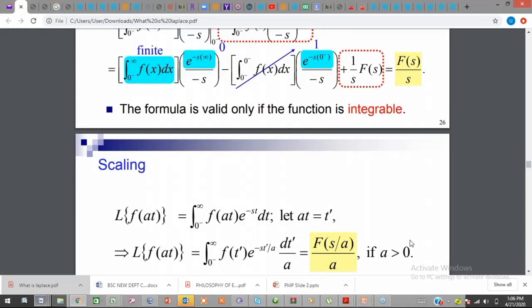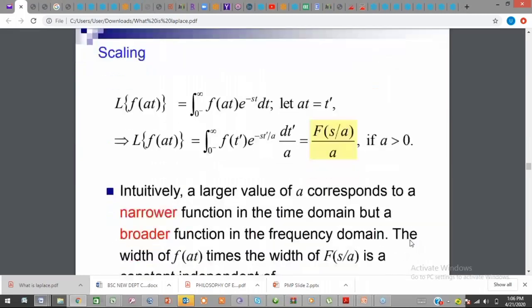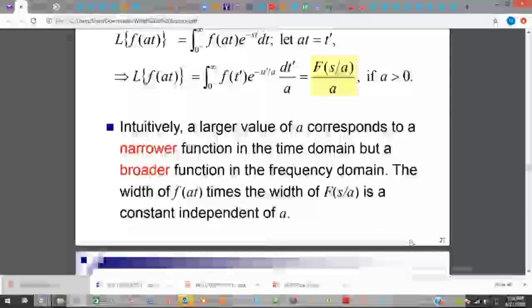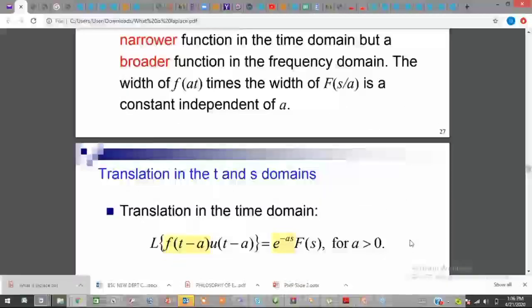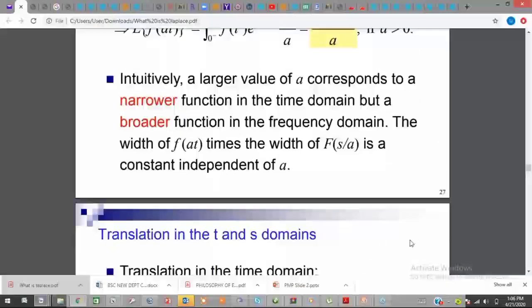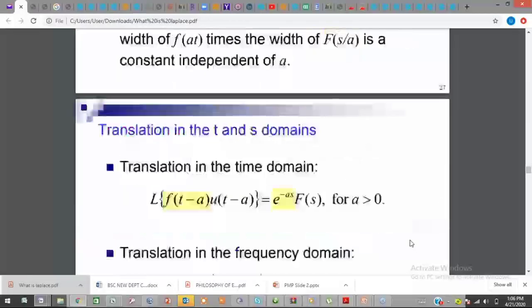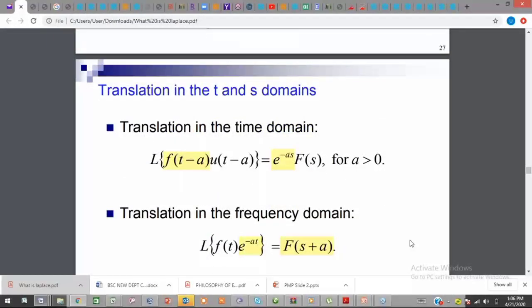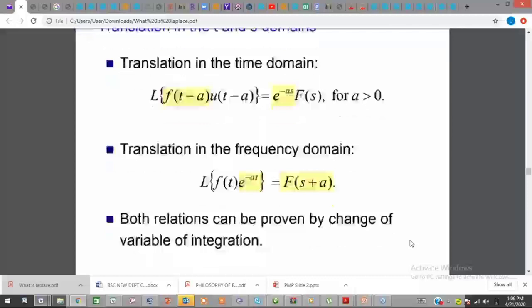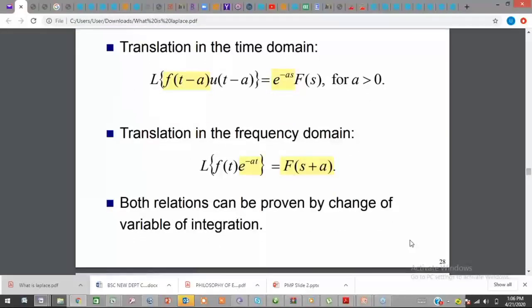Then coming down again, we have the Laplace of integral 0 to t of f of x dx. Then this is equal to u of t v of t, from 0 to infinity, minus integral 0 to infinity u prime of t v of t dt.